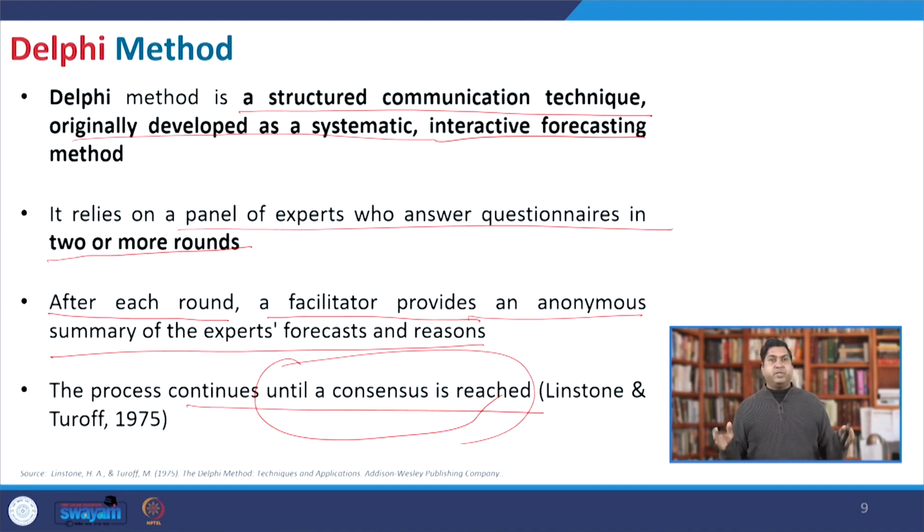Normally, if the questionnaire is well structured, easy to follow, and the facilitator can explain those questions to the experts in the right manner, it will not take much time. Consensus can be achieved in 2 or 3 rounds, but it can even go beyond if there are too many complexities.